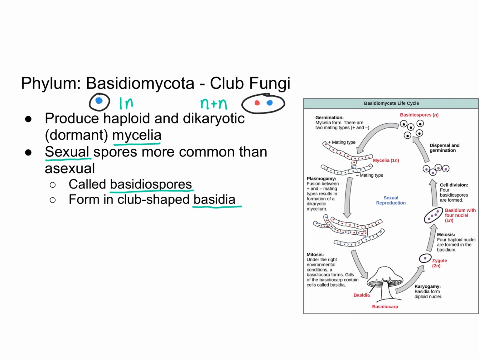And remember, the basidia are in the gills of the mushroom. You can see these mycelia in this picture here. The haploid mycelium is found here.